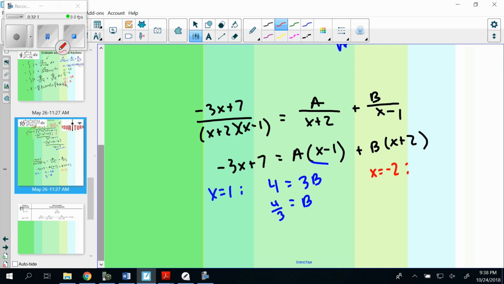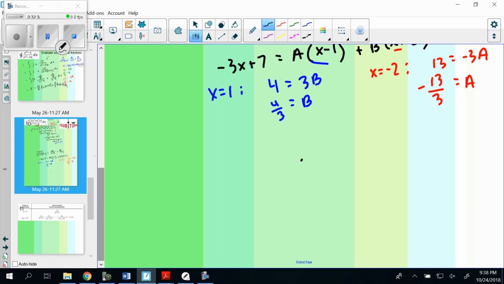If we put negative 2 in, the left side's 13. This one's just going to be gone here. Putting negative 2 in the other one, we get negative 3a. Dividing, a is negative 13/3.